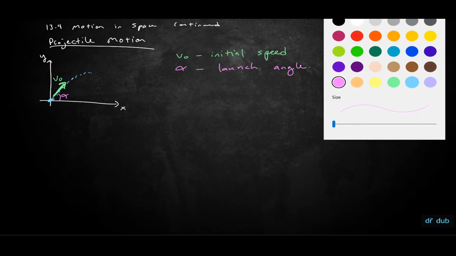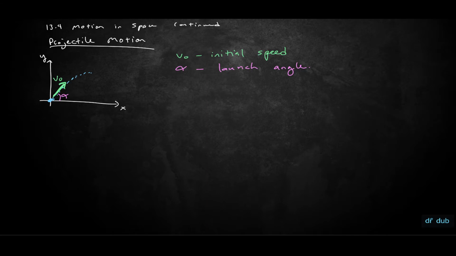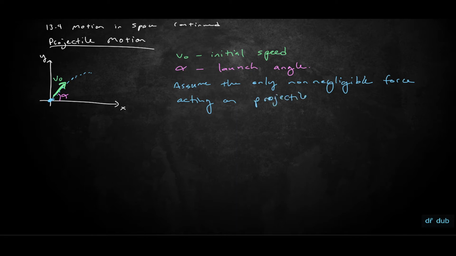And we're going to assume that the only force acting on this projectile is gravity. So there's no air resistance or anything like that, at least in our basic assumptions here. So we'll assume the only non-negligible force acting on the projectile is gravity.